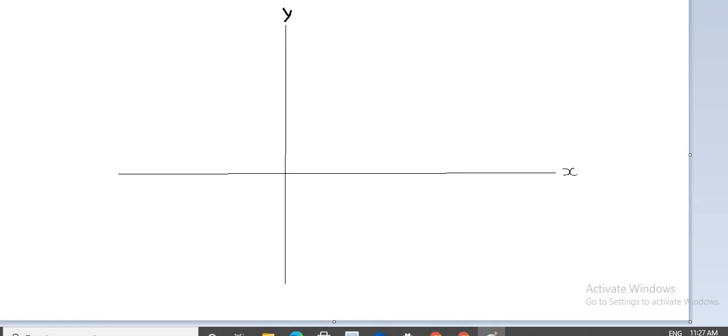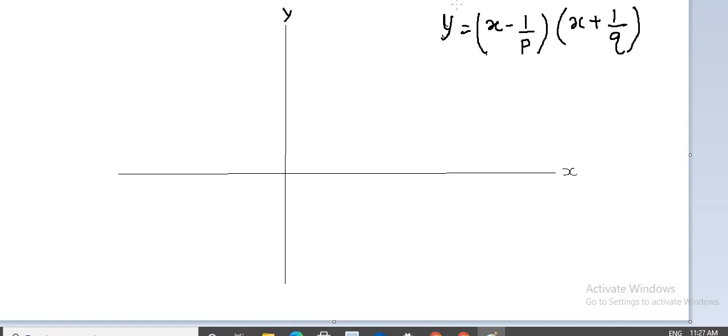According to the question, this quadratic equation, that is y is equal to (x minus 1 by p) into (x plus 1 by q), makes the intersection with the x-axis and the distance between both of the intercepts is given as 2. So let me make a rough diagram.